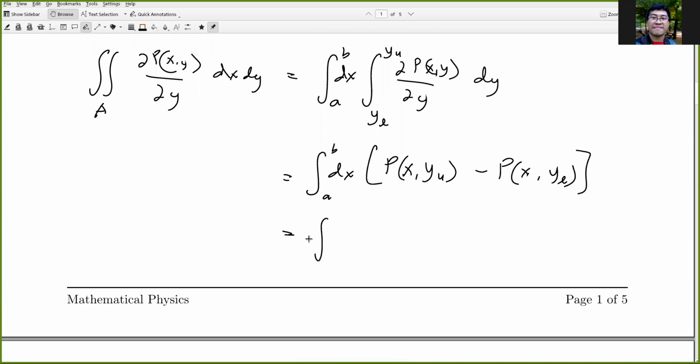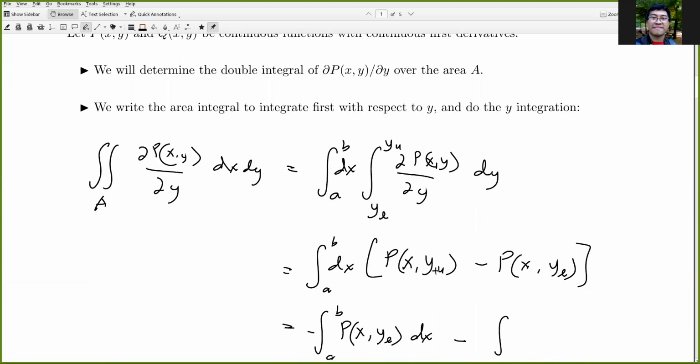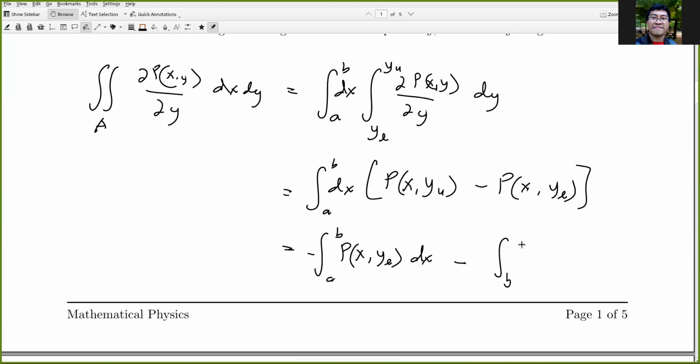So we have negative integral of p(x, yl) dx, lower curve A to B, minus, so upper curve u from b to a, so we switch limits of integration, p(x, yu) dx.